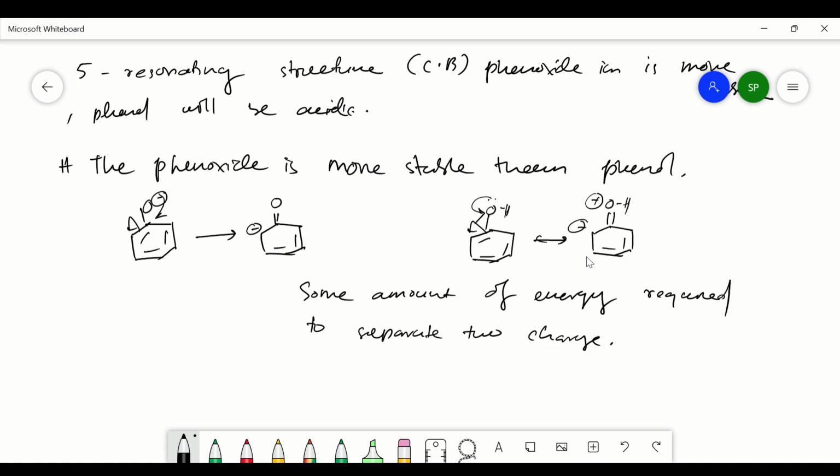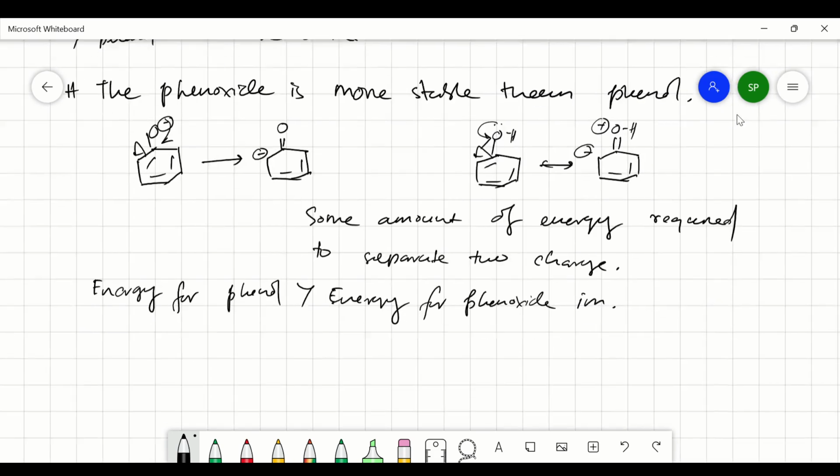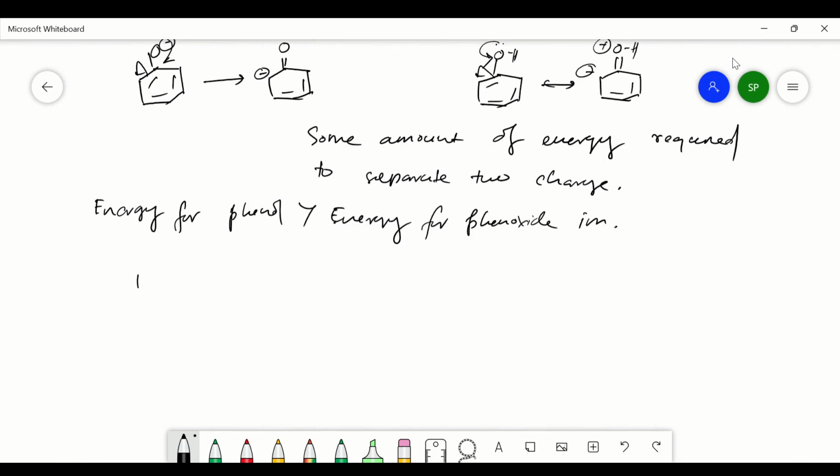The energy of phenol will be higher than the energy of phenoxide ion, and we know that the higher the energy, the greater the stability loss. Okay, the higher the energy, the lower the stability.